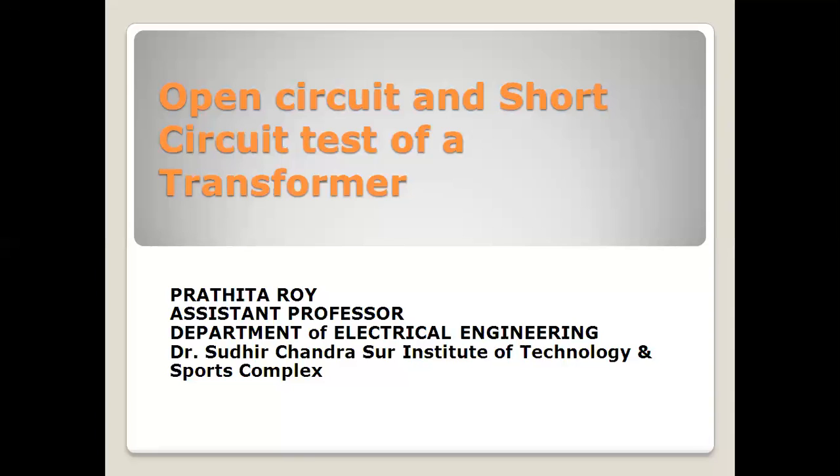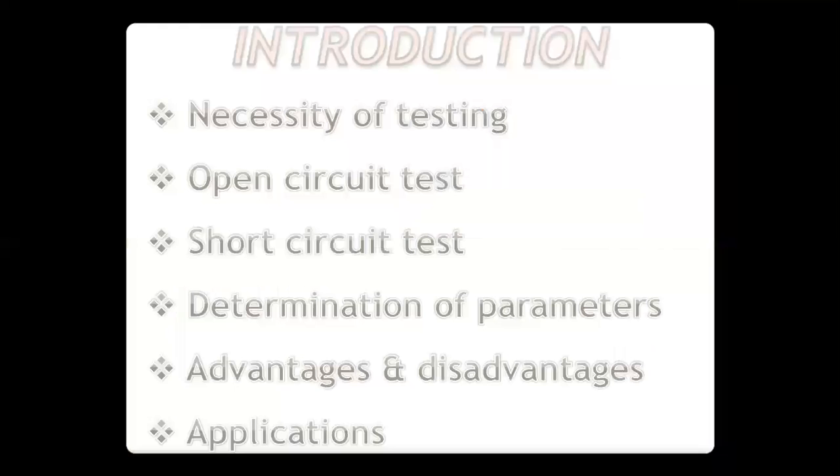One is known as the open circuit test, another is known as the short circuit test. So, introduction, necessity of testing, open circuit test, short circuit test, determination of parameters, advantages and disadvantages, and application: today we will cover these in this lecture.